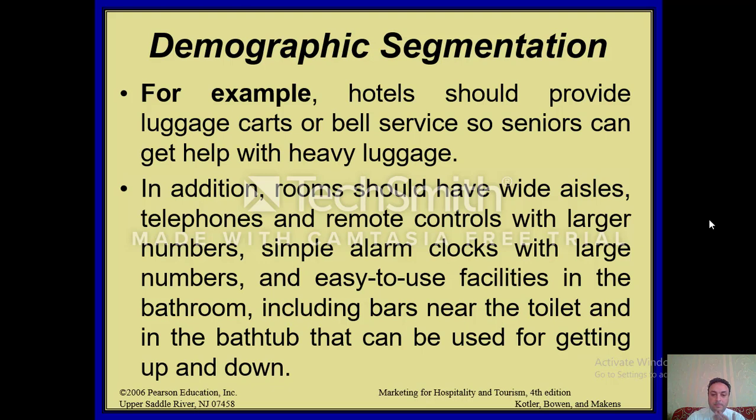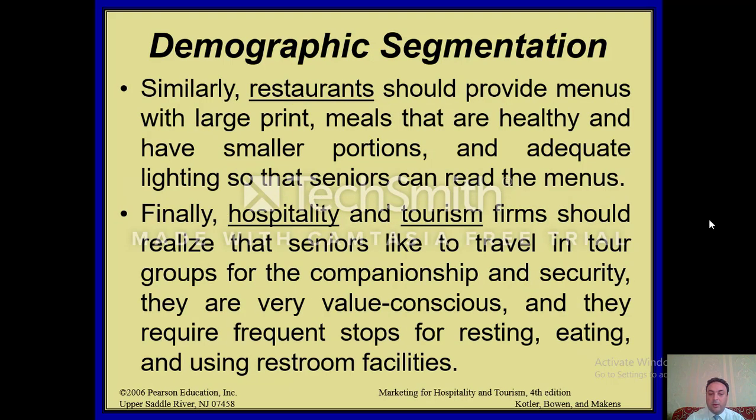Also, in rooms there should be wide easel telephones and remote controls with larger numbers. Also simple alarm clocks with large numbers and easy to use facilities in the bathroom, including bars near the toilet and the bath tubs that can be used for getting up and down.